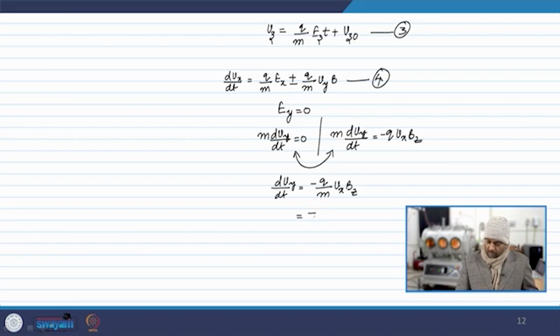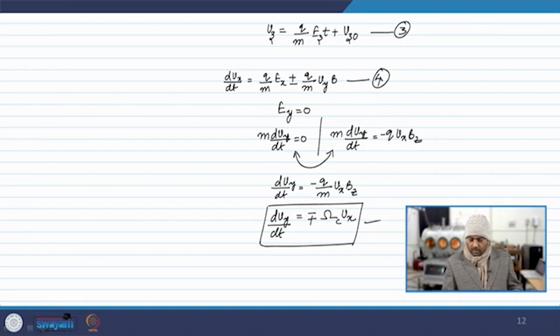So, this will become minus plus because there is already a minus, and qB by m is omega c, so dvy by dt is minus plus omega c vx. This is one equation. So, this is equation number 5.